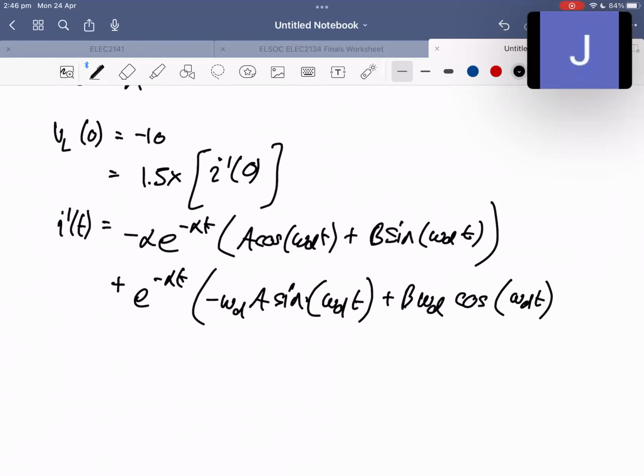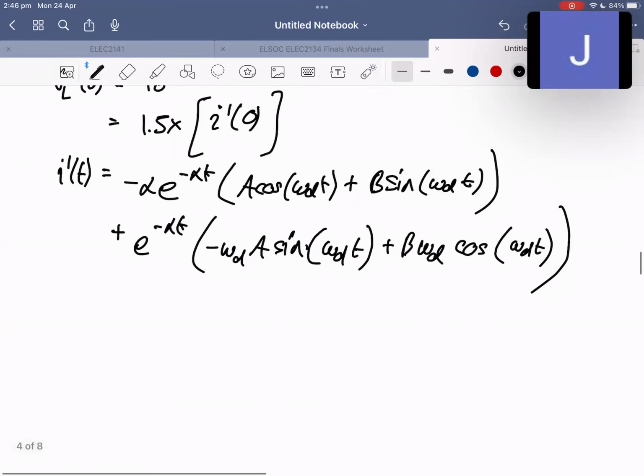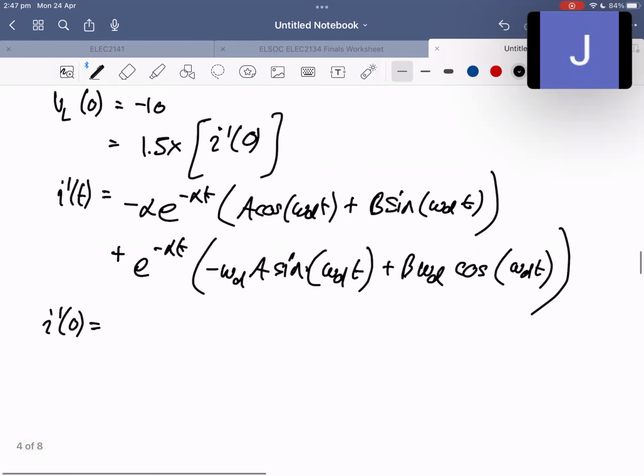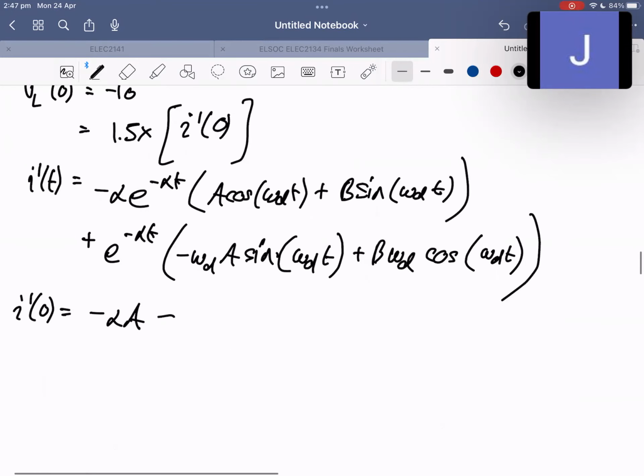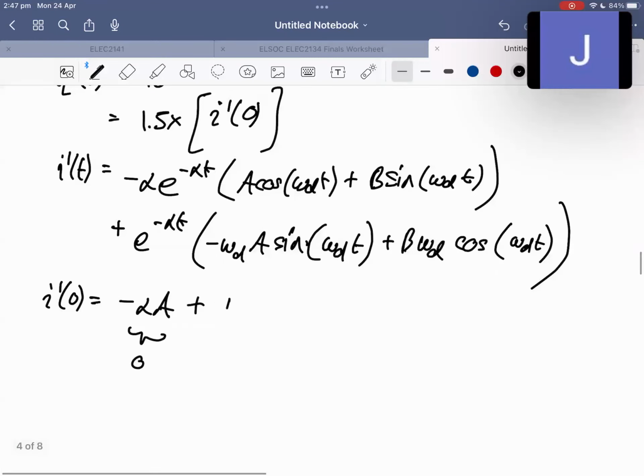So subbing in i dash of 0, all the exponentials go to 1 and all the sines go to 0. So we have minus alpha times A, which is 0 since we found that A is 0 from the previous part. So this is 0. And then we've got B times omega d.